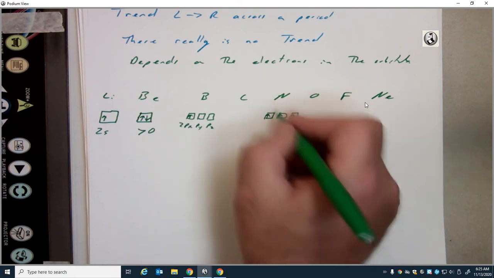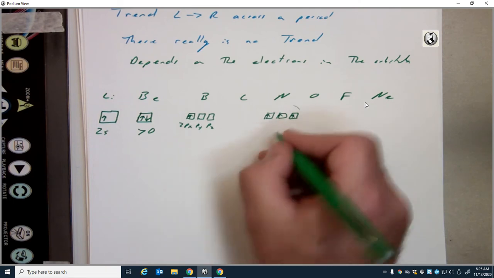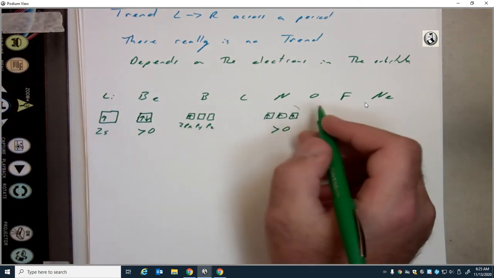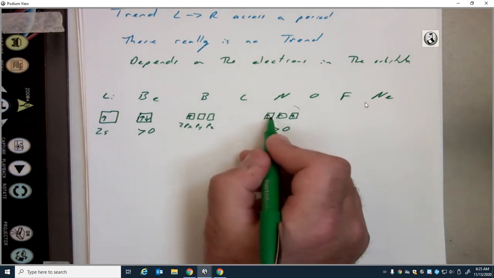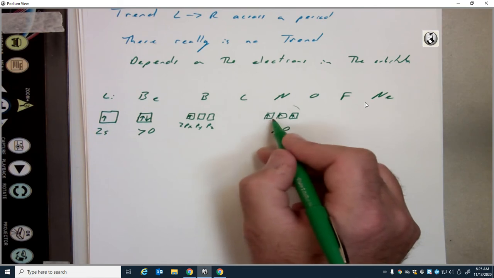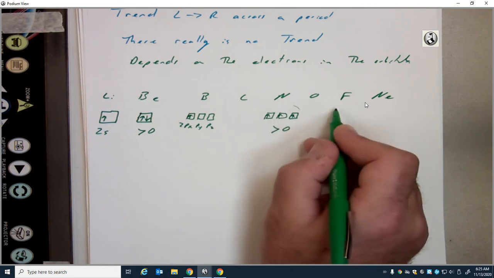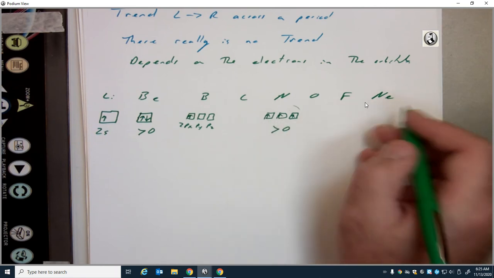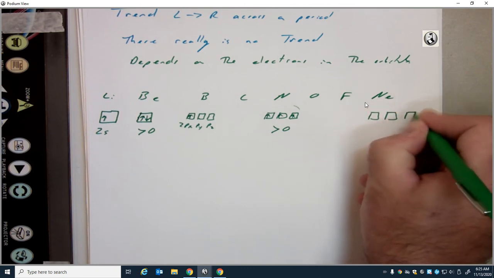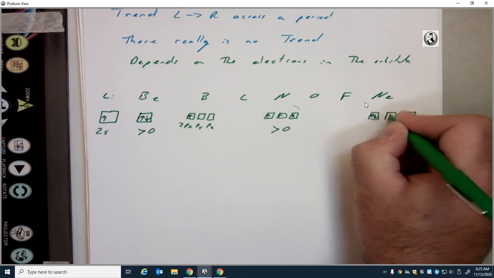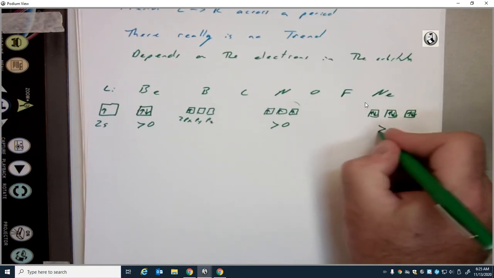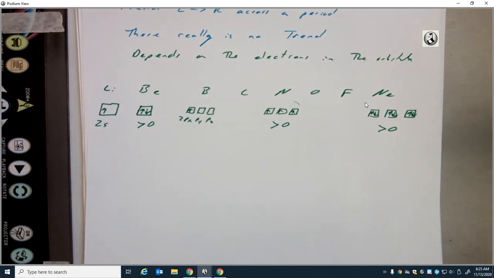Well, it turns out that nitrogen doesn't really want to gain electrons very often, so it has an electron affinity greater than 0. As soon as we go on to oxygen and fluorine, again, they tend to gain electrons. Now, neon is full. Its electron affinity is greater than 0.